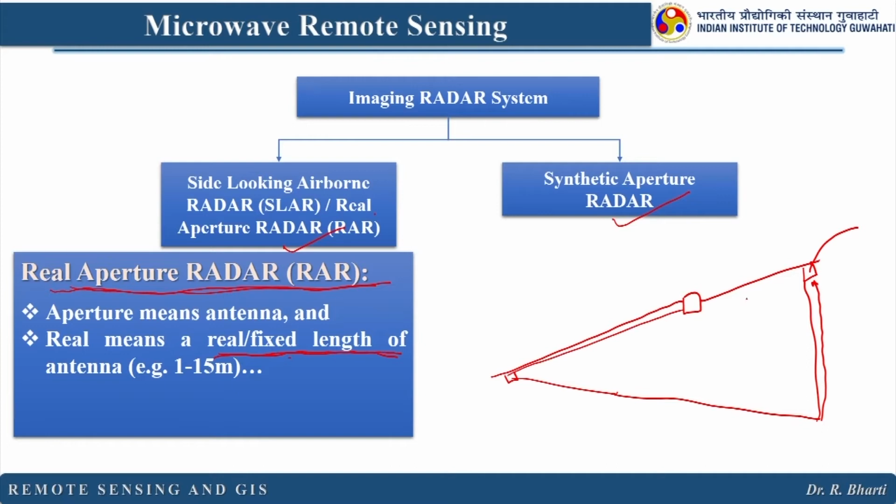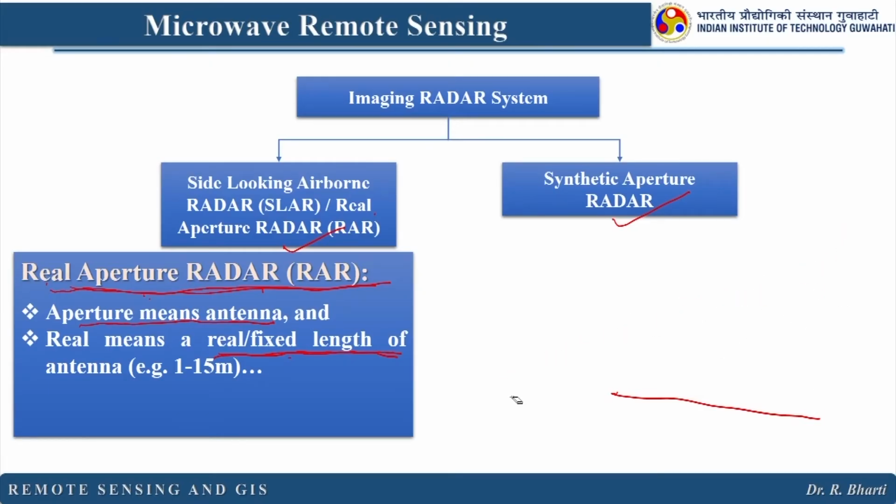This is the antenna, right, and aperture means antenna. So, real aperture means antenna radar. We are not going to synthesize or mathematically change the length of this antenna in RAR, right.